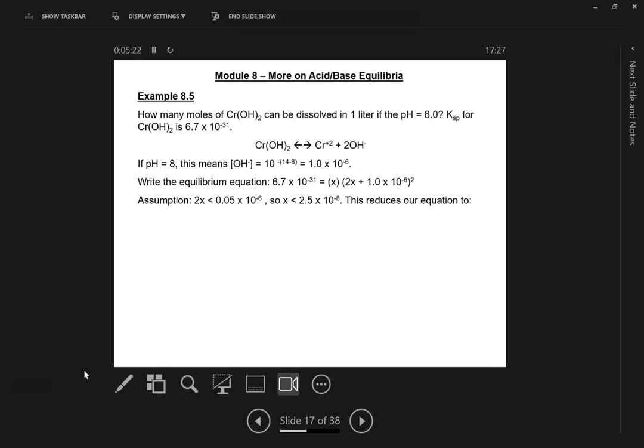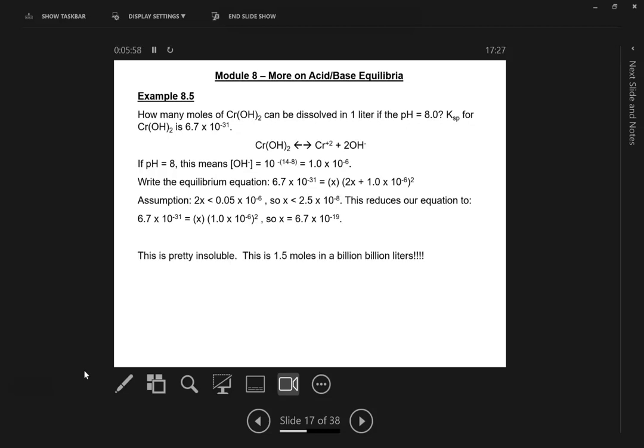We say, hey, if we can make this assumption, that 2x would be less than 0.05 times 10 to the minus 6, so we could get rid of it by significant figures. So x is now less than 2.5 times 10 to the minus 8th, and that reduces our equation to this, because we can get rid of the 2x plus term. So we just solve for x, and we get x is 6.7 times 10 to the minus 19th.